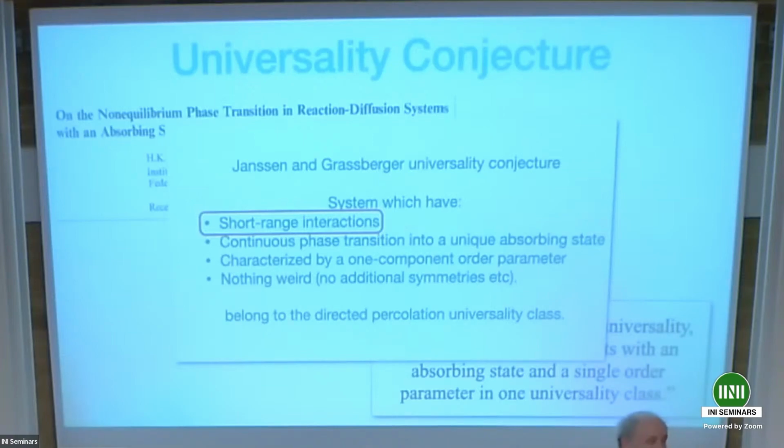So, and below 4, mean field is not. Yeah, there's a Wikipedia article that lists.